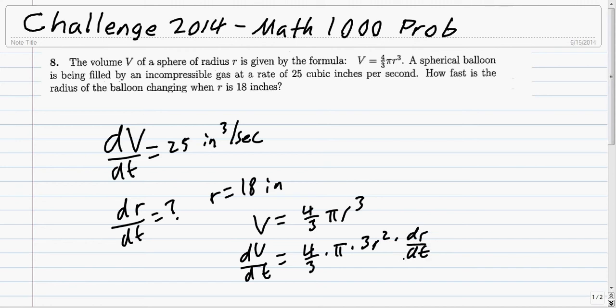Now the reason why I multiplied this by dr over dt is because the formula here has a variable of r and not t, and we need to differentiate this with respect to t or time. So when we differentiate our r cubed, we're differentiating it with respect to r and not time. So in order for me to show this formula being differentiated with respect to time, I'm going to multiply this with dr over dt.